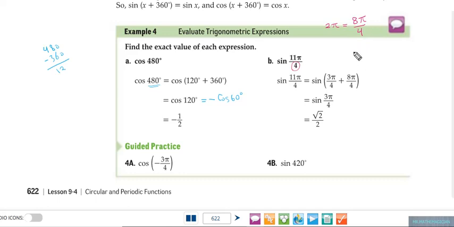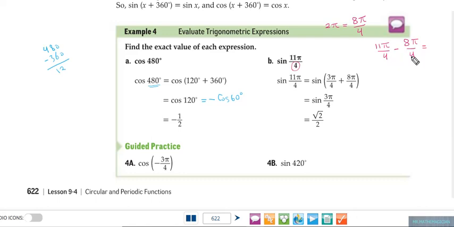So what we are going to do is subtract 2 pi, as we did here, subtract 360. So 11 pi over 4 minus 2 pi, which can be written as 8 pi over 4.